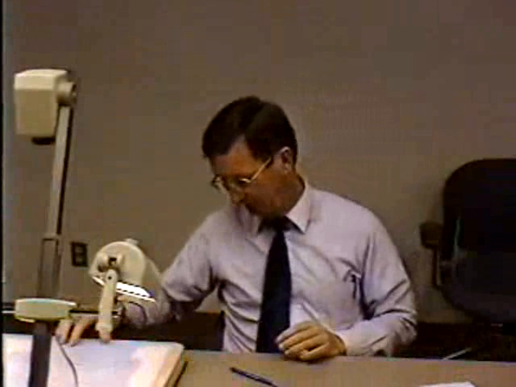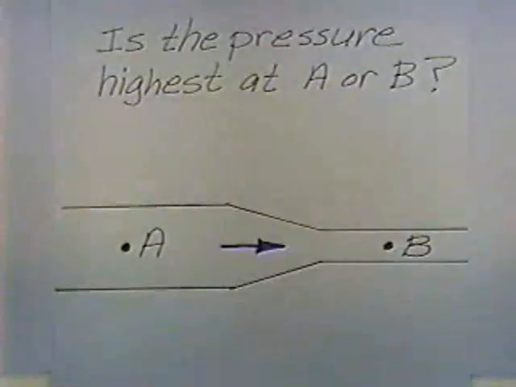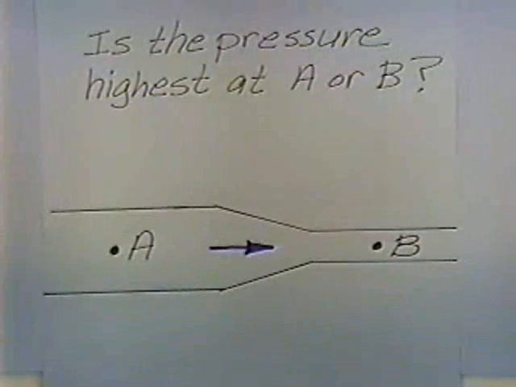Okay, pop quiz time. See if you guys are with me here. Where's the pressure the highest? At point A or point B? Got a vote for B? We've got a pipe here.